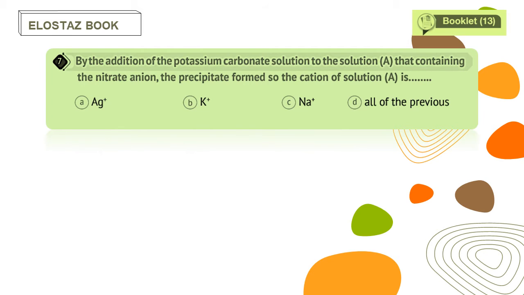We have question 7 says that by the addition of potassium carbonate solution to the solution A containing the nitrate anion, we have a precipitate formed, so the cation of solution A is, we have silver Ag plus, potassium K plus, sodium Na plus, and all of the previous.